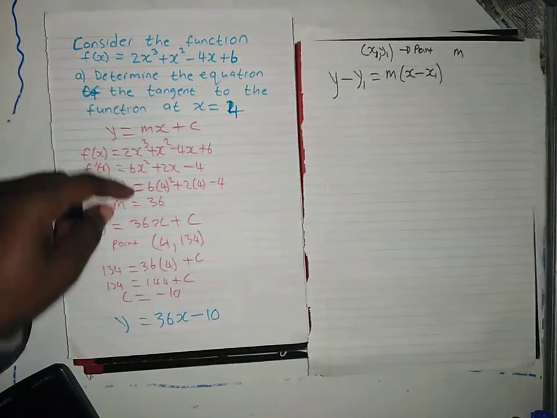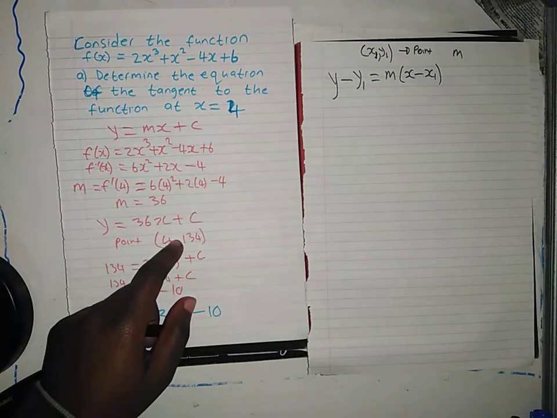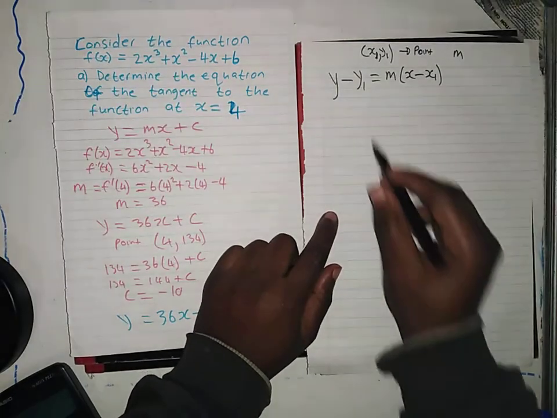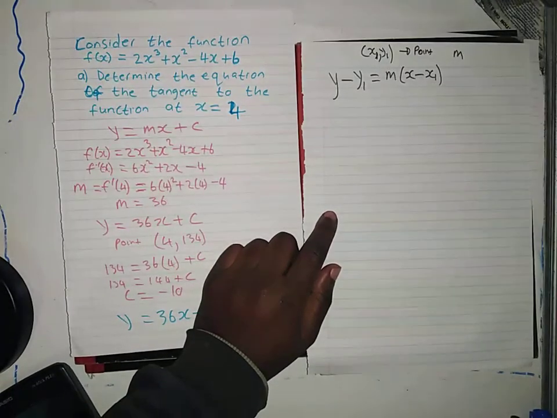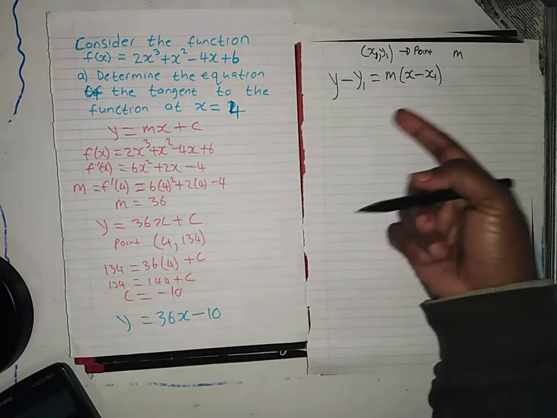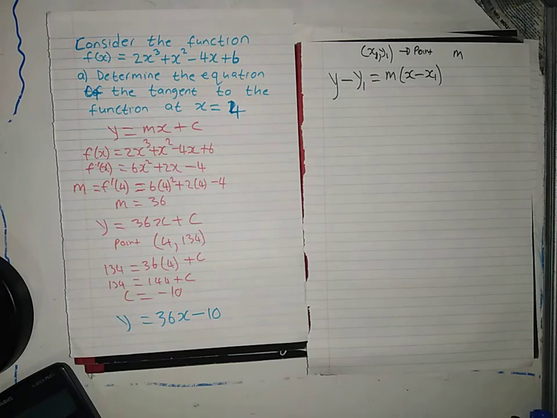So you just need to find a gradient and then a point, which is this one. Instead of going through all of these things, you simply take this gradient. Some of you will use this method, but some of you will prefer this method. I'm not going to choose for you. You must choose for yourself. Which one do you identify more with?